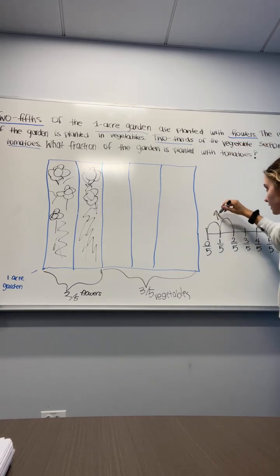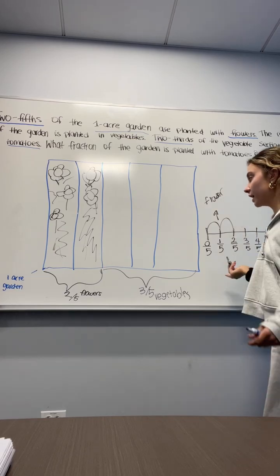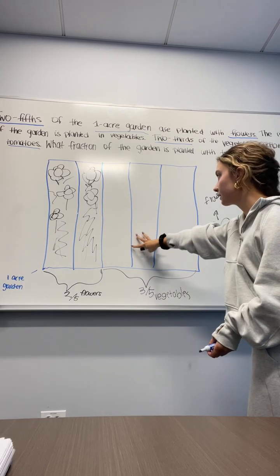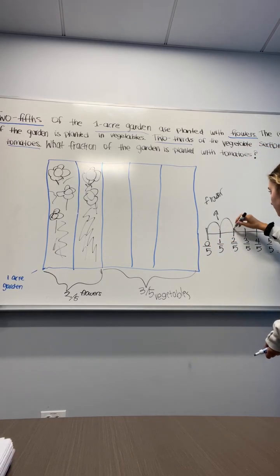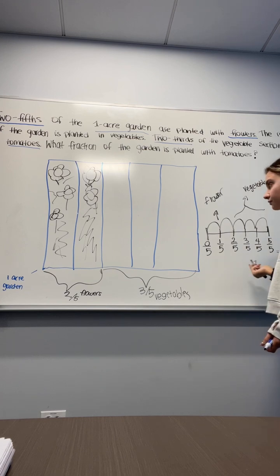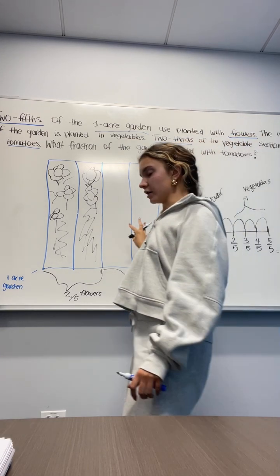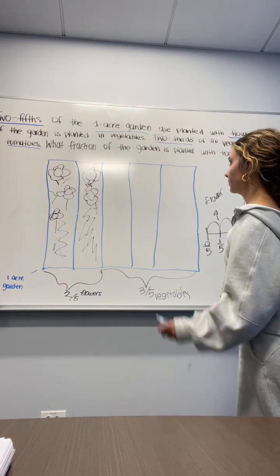Okay? So right now this is our flower section. And I know that the rest is 3/5 because 2 plus 3 equals 5. So this section is 2 and the rest is 3.